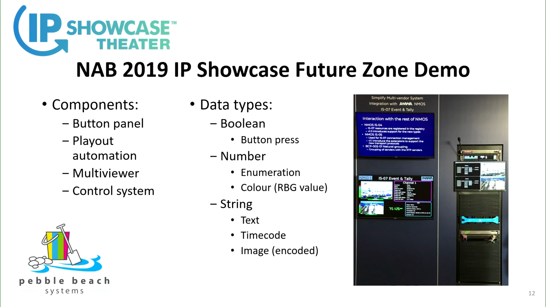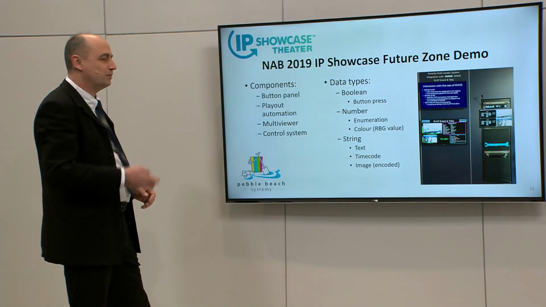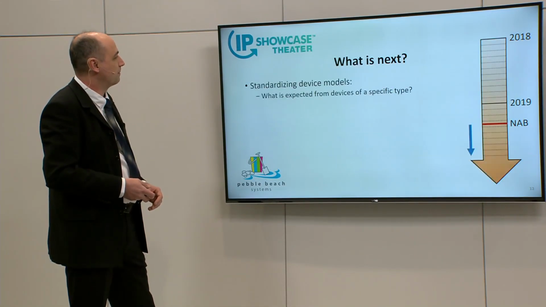There are numbers carrying either enumerations of the layout to be used, number of the layout to be used, or the color for the buttons. And also we have strings being transferred, which carry regular text like names of the channel, time code, or even an image. Although that is a bit out of the phase 1 spec, it was an experimental effort to see how that can be done.